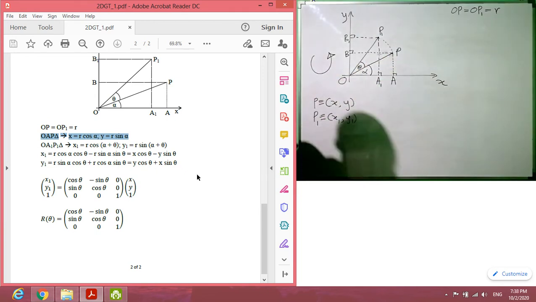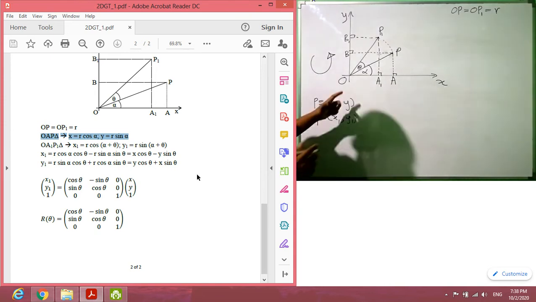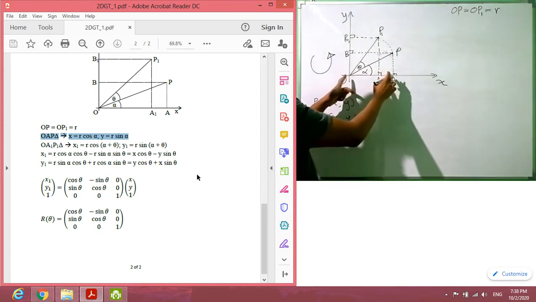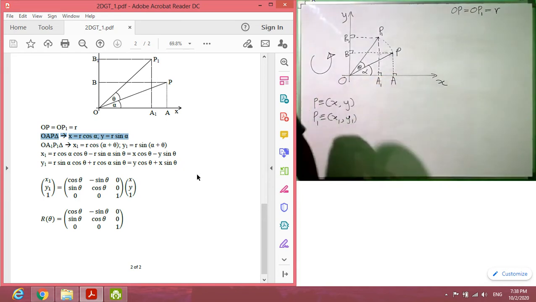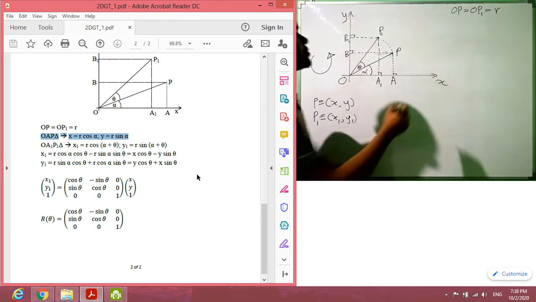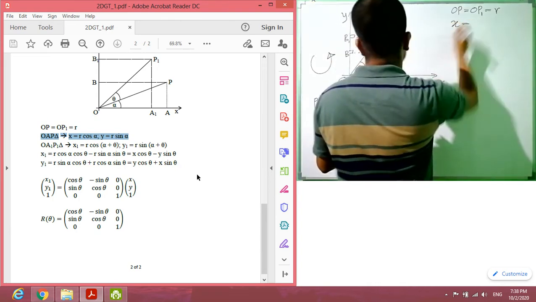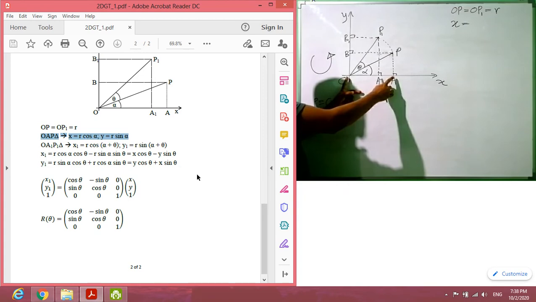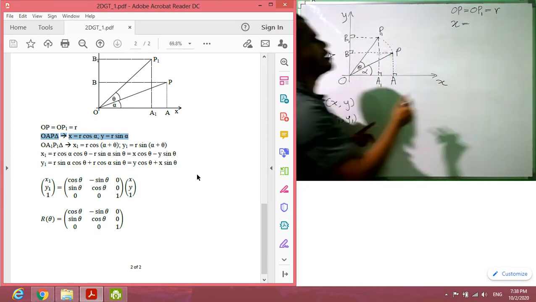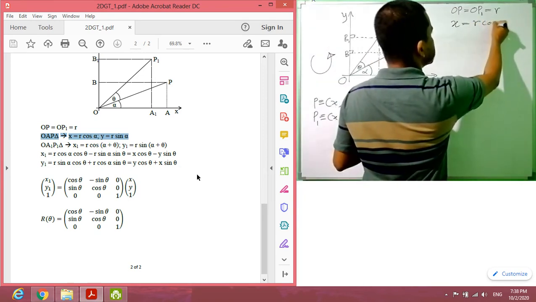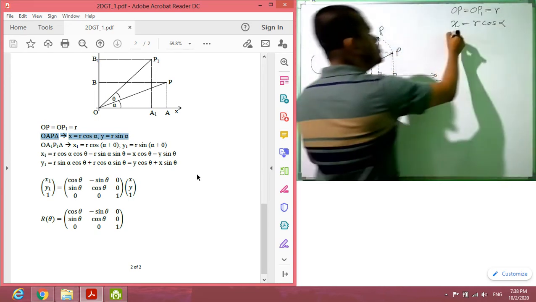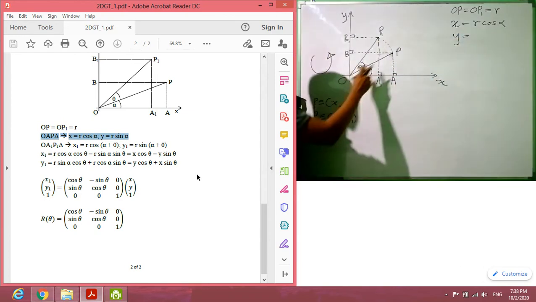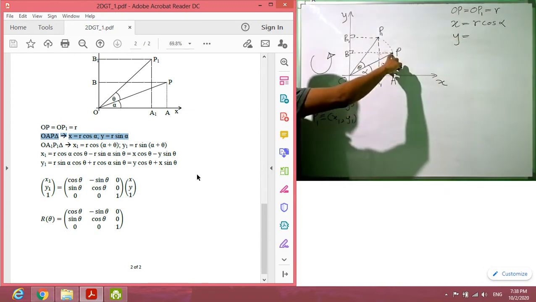If you consider this triangle OAP, this is X. X value here is R cos alpha. Then this value Y, that is R sin alpha.